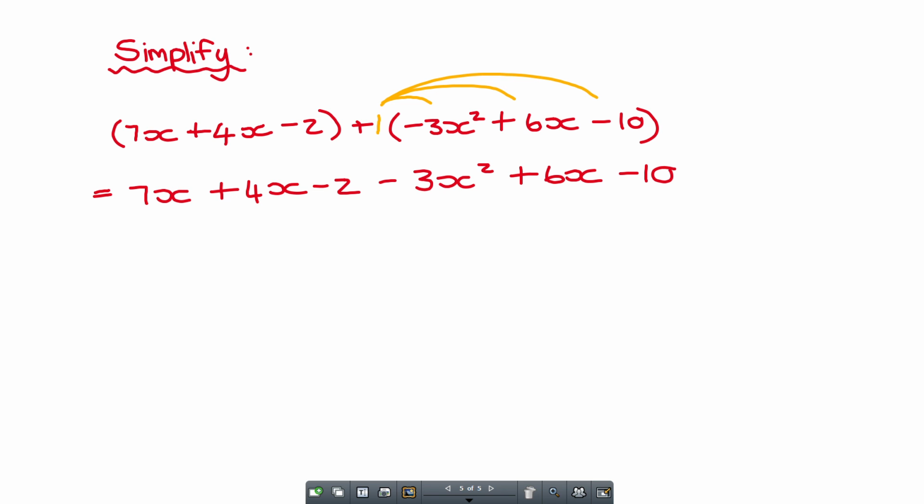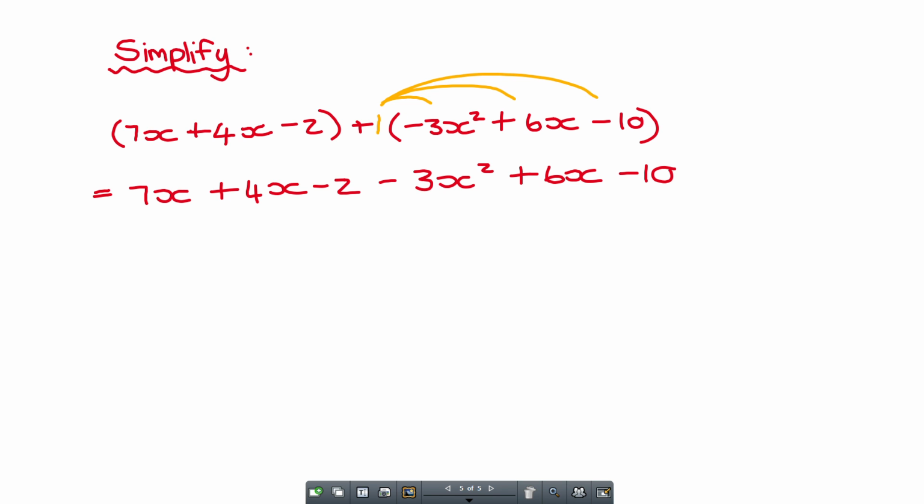First things first, when you've got more than one unknown, we put them in alphabetical order. Do you remember that? Okay, over here it's all just in terms of x, so we're fine with that. Then, second thing that I also taught you guys last year is that we write our expression in descending powers of that unknown.